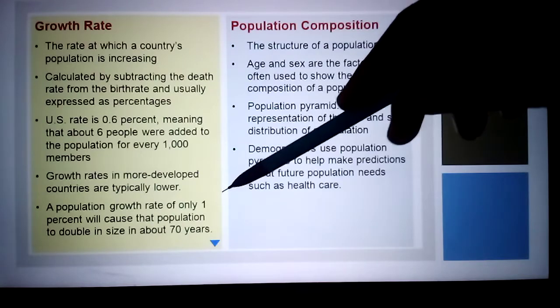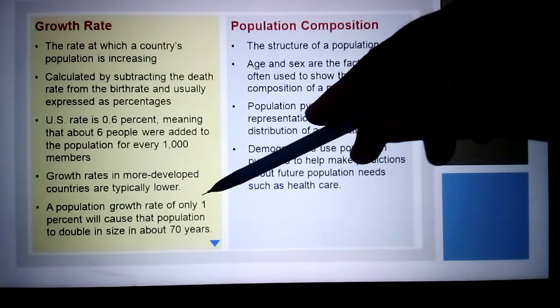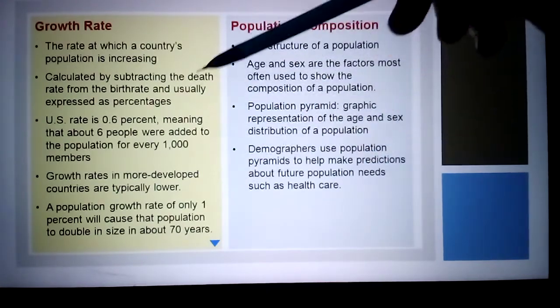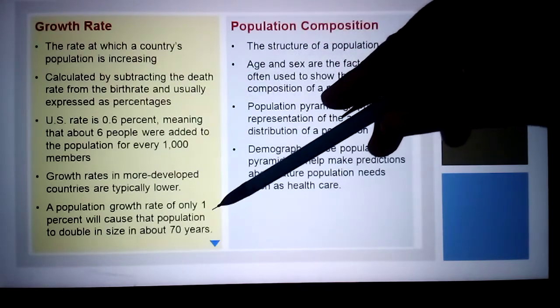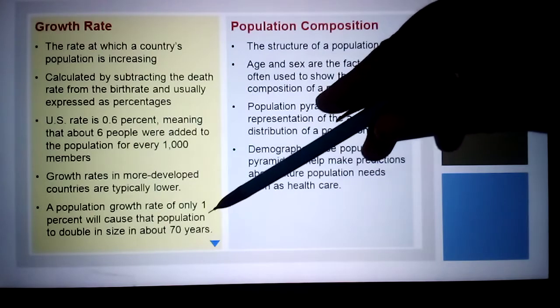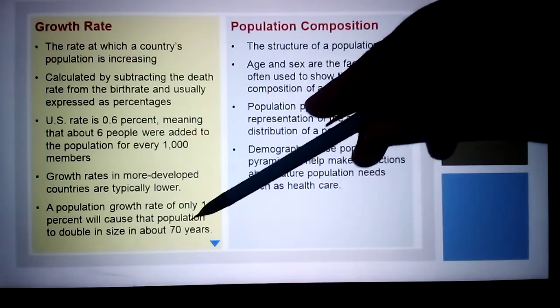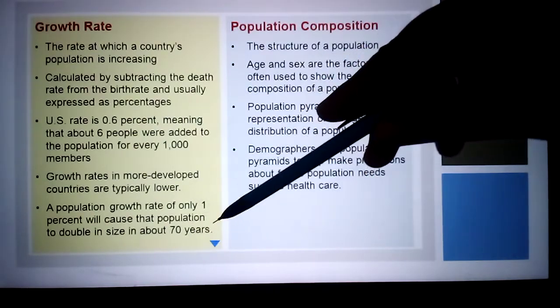Now a population growth rate of only 1% will cause the population to double within 70 years.